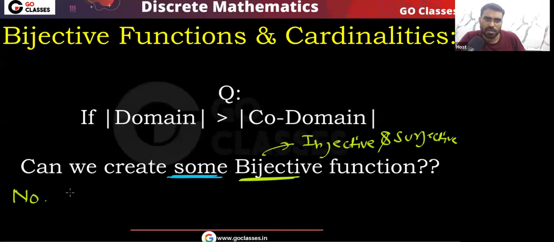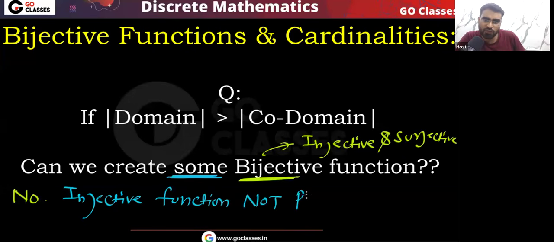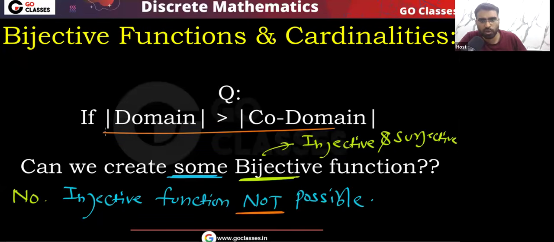Yes or no? If injective function is not possible, then is bijective function possible or not? Because injective function is not possible here, the bijective function is also not possible. Very simple. Because bijection means injection and surjection.